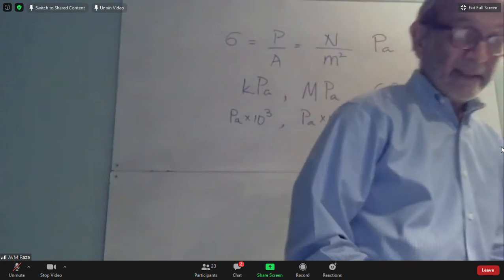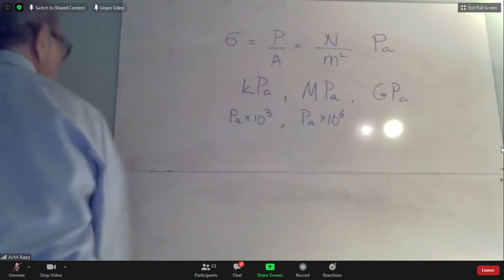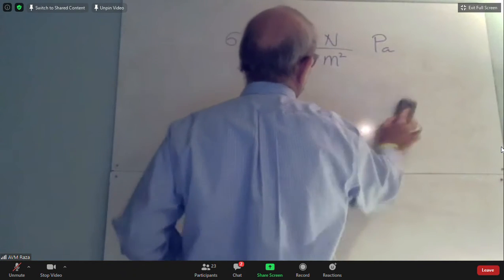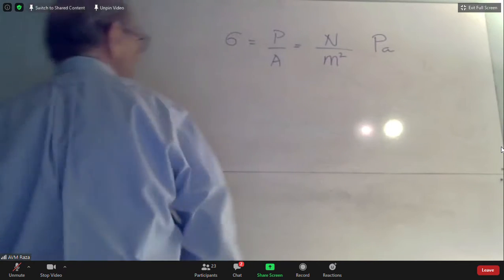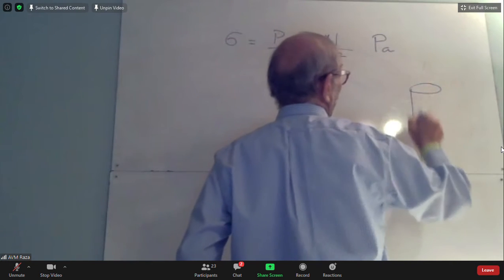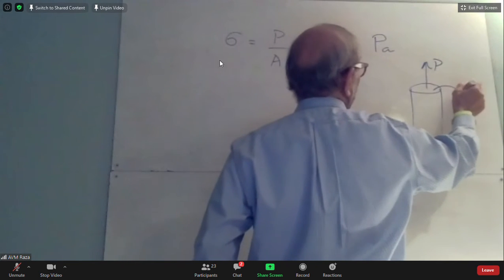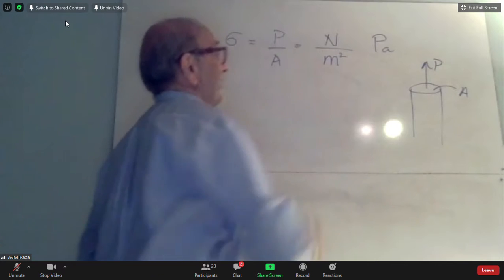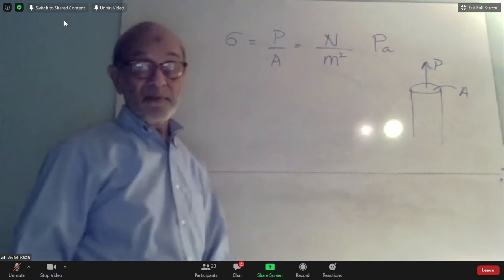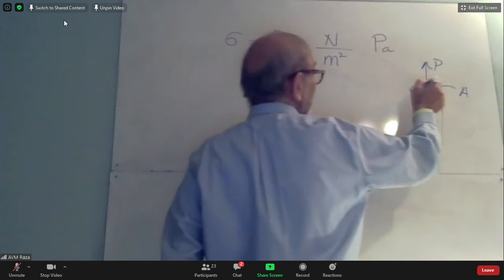Now coming back to the formula for stress, sigma is defined as P over A, where A is the area. So if that's your member, there's your P, this is your area, and sigma is defined as P over A. This P over A is a stress which will be acting on all parts of the area.